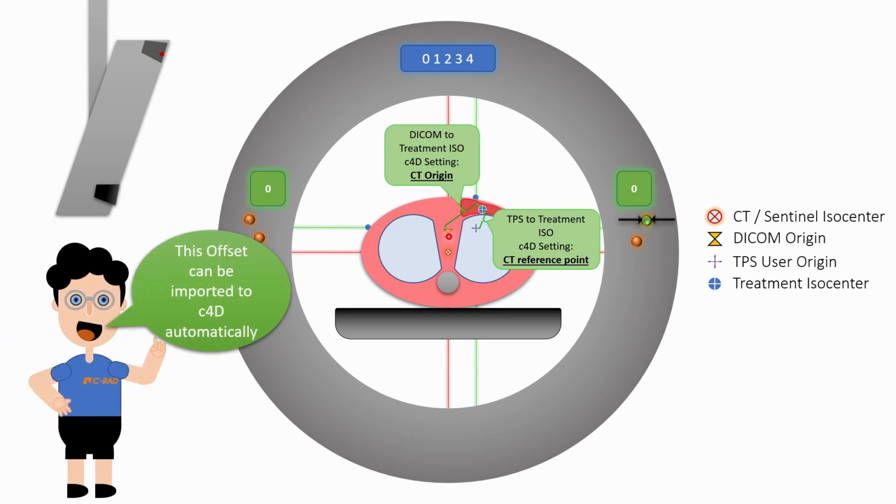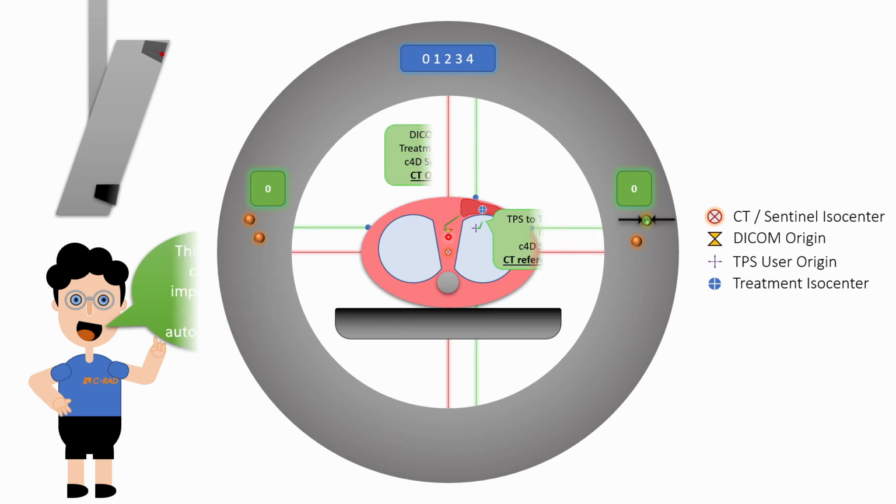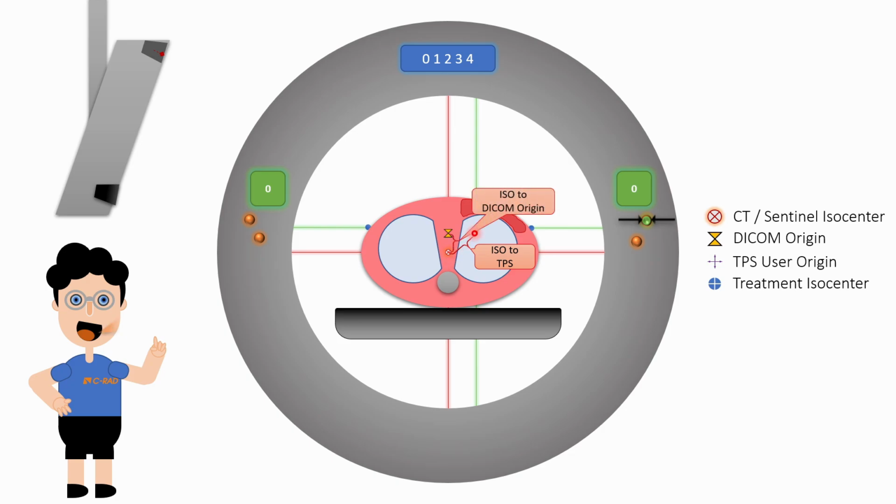But should the TPS user origin or the DICOM origin not match with the Sentinel isocenter, so there is an additional offset, then you need to add this information into C4D, because otherwise we won't have a correct transformation of our surfaces. This can be added either when closing the Sentinel session or when importing the treatment plan to C4D as a laser offset. Good, so far to our definitions.